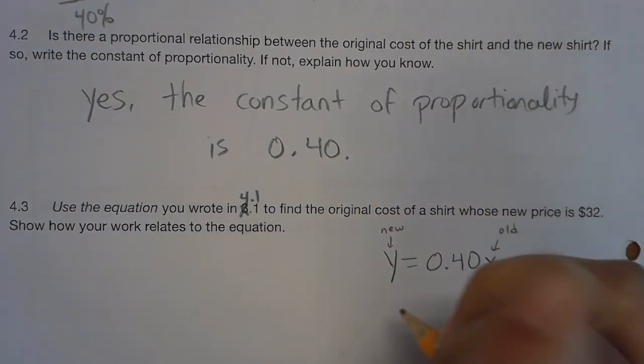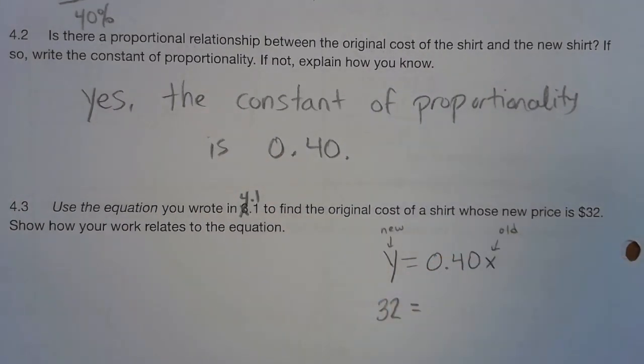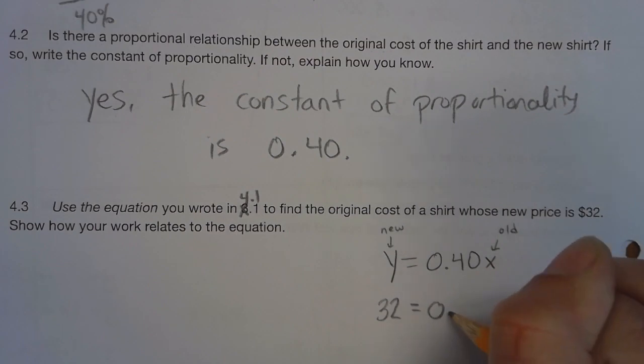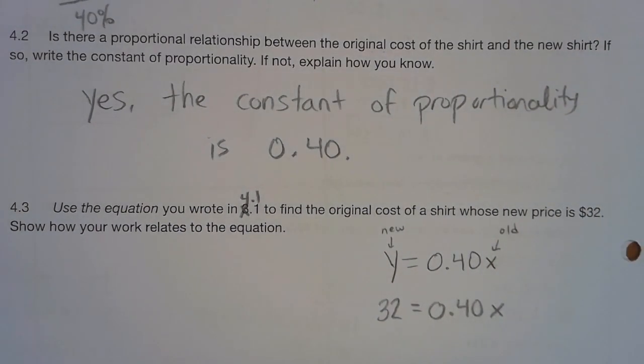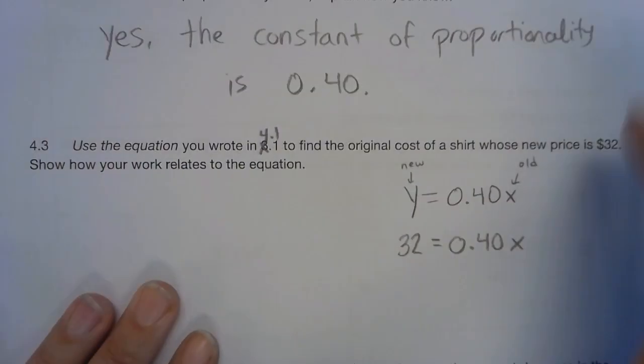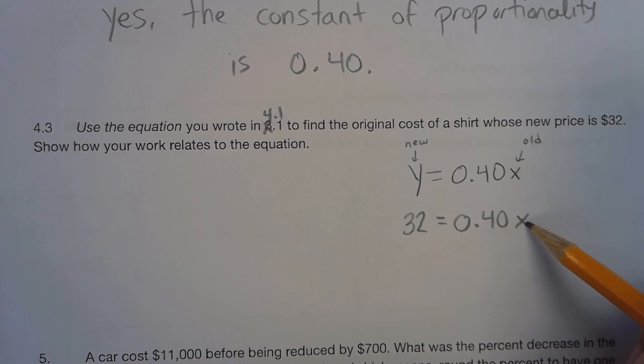Here my new price is 32, so I can substitute 32 in for y, and the old price is what we're trying to find, so we use x. That's our unknown.